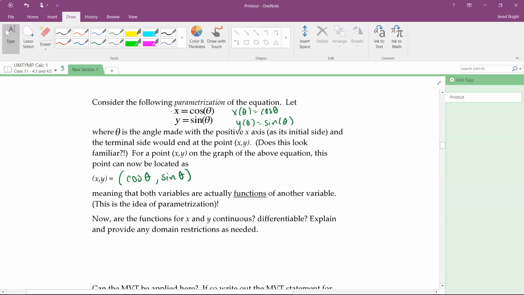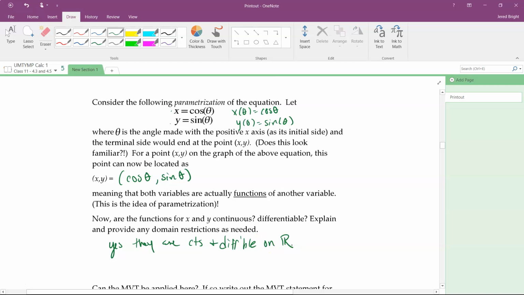Well, sine and cosine, last I checked, are continuous, and yes, they are differentiable. So yes, they are continuous and differentiable on R.